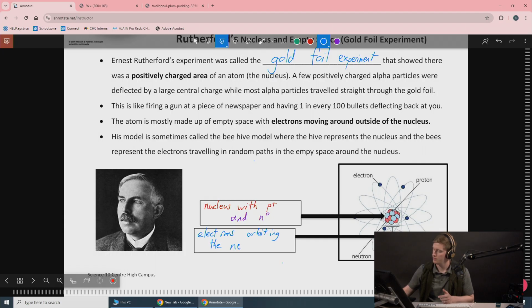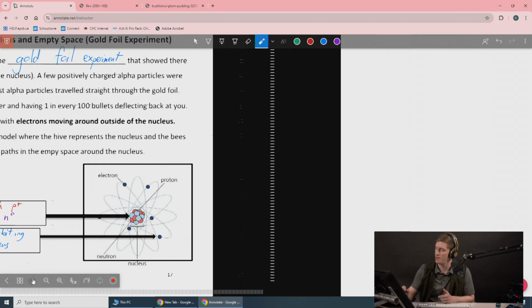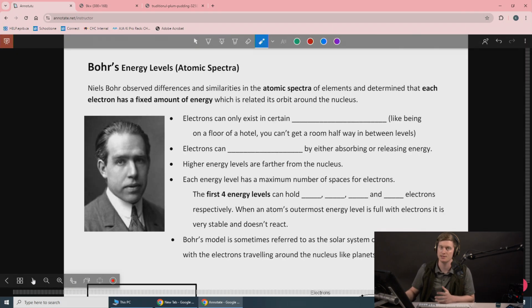Now, Thompson didn't focus as much on the behavior of those electrons as our next scientist, which is Bohr. Bohr observed that there was differences in the atomic spectra. When we say the words atomic spectra, we basically mean the light emitted by excited electrons.